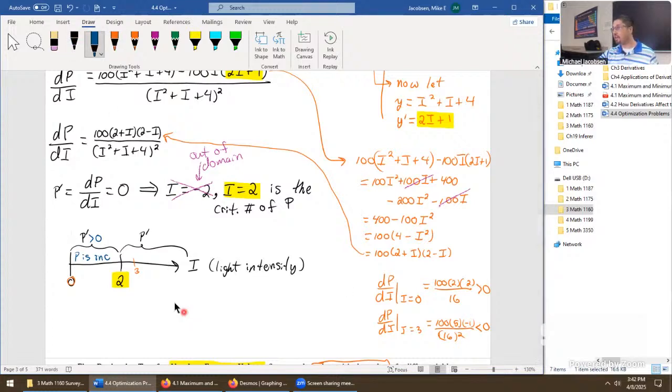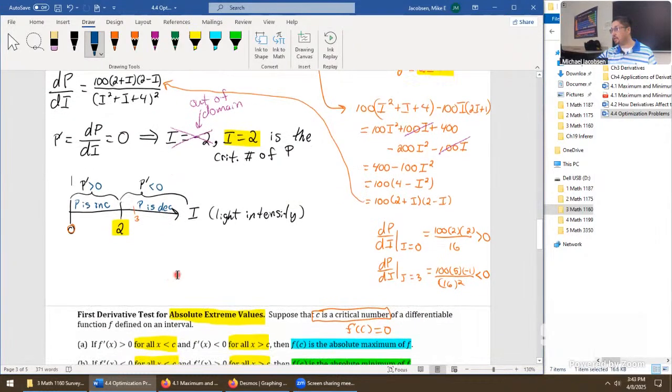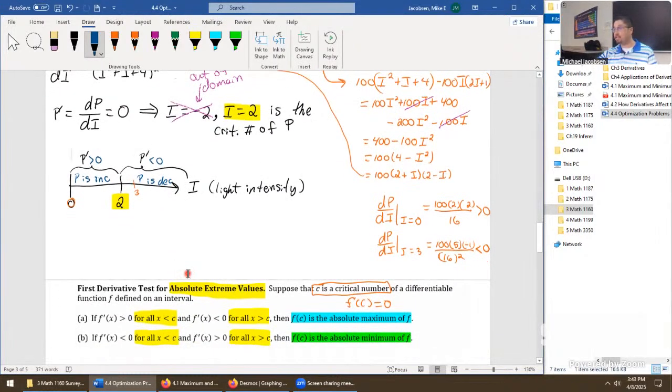But over here, we got negative for P prime, which means photosynthesis is decreasing. So at 2,000 foot candles, that's the optimal value, beyond which you're just harming the phytoplankton. Photosynthesis is going down. That means our work is done. We found one critical number, 2.